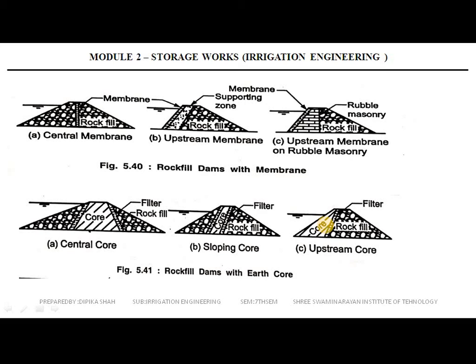So the rock fill dam with a central core has the following advantages: less total area exposed to the water, second is protection from effects of weathering, and third is the shorter ground curtain length.